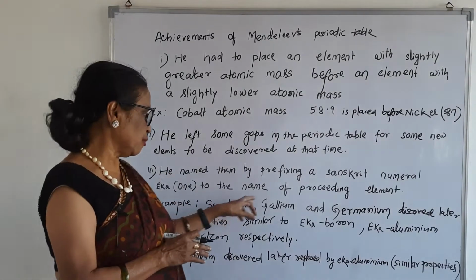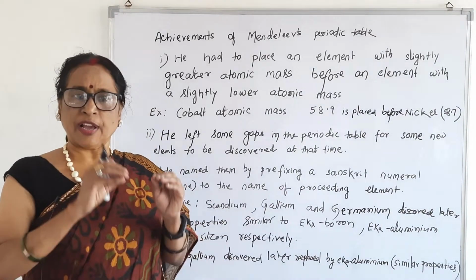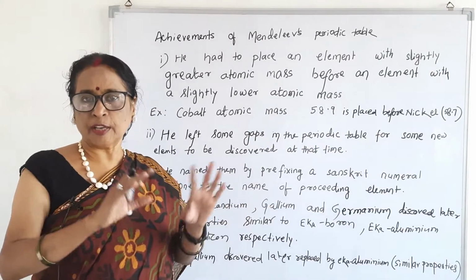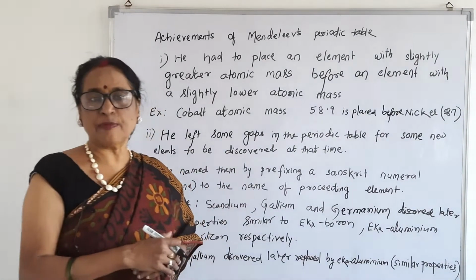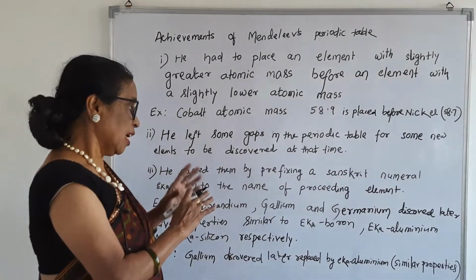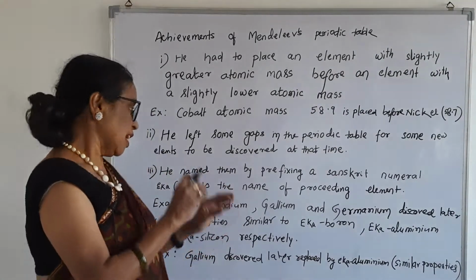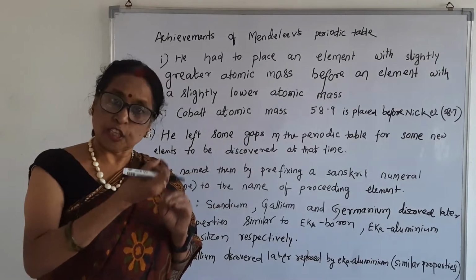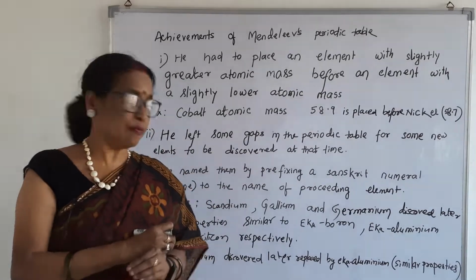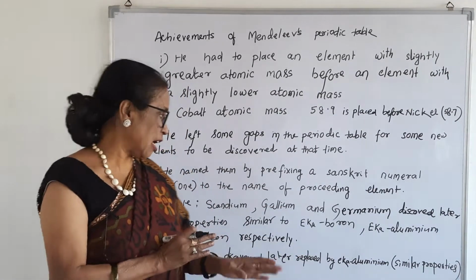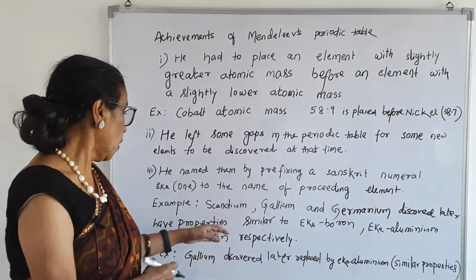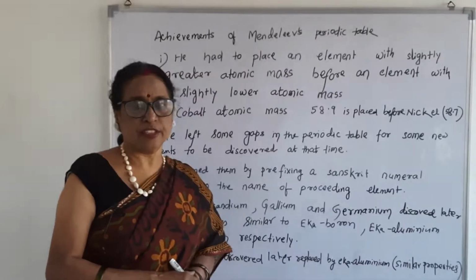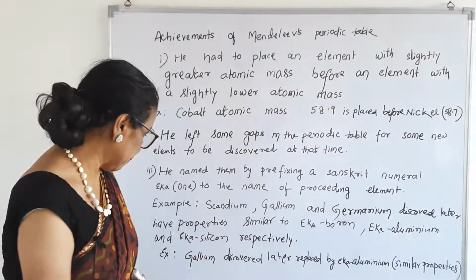That means when he made the periodic table, some gaps were there for elements to be discovered, and he put the names of the future elements as eka boron, eka aluminum and eka silicon, which were suitable to scandium, gallium and germanium after discovery.